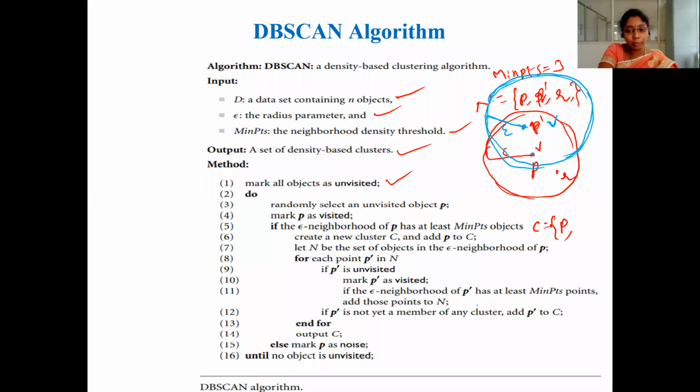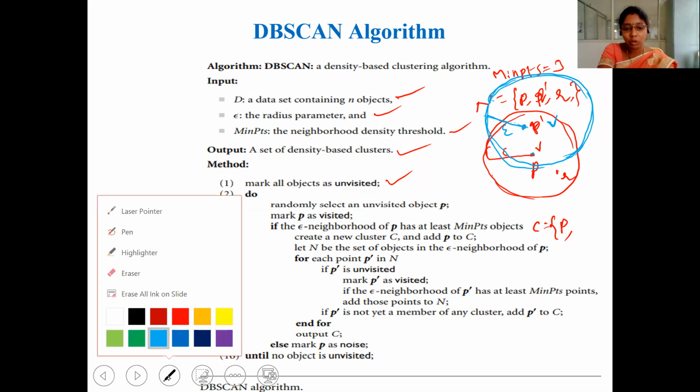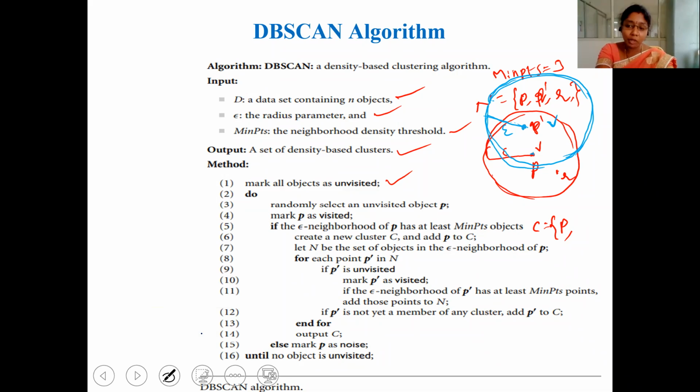If the epsilon neighborhood of P dash has at least min points, that means P dash is also a core object, then add these points to N. Suppose there are some points here in the epsilon neighborhood of P dash. Since these are greater than or equal to 3, you can fix that P dash is a core object. Now you can add all these points to N, because you have the set N here, right?